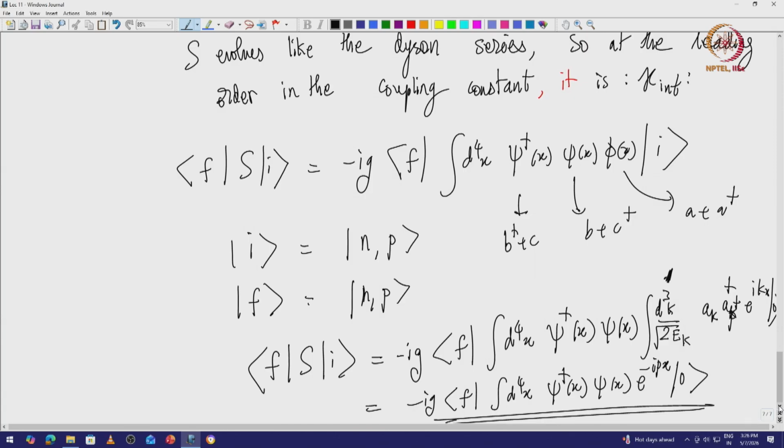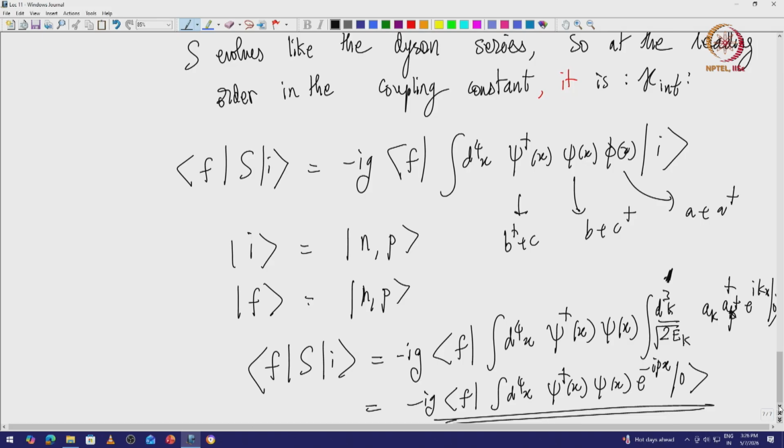So it creates a delta function source. This became because of this d power 4 x and d cube k. So you end up having e power I k x, I p x, and the delta function picks up. So this delta function will be some sort of a source for the thing.